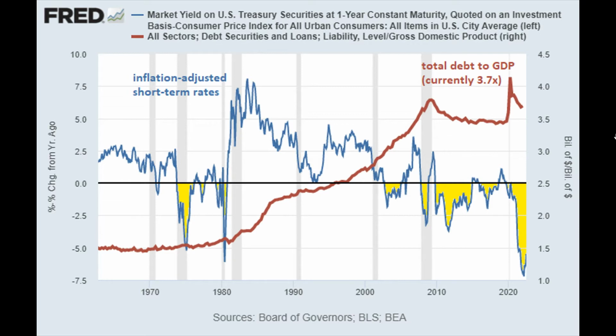It shows you that as total debt to GDP is rising, represented by the red line, the inflation adjusted short term rates, or the real rates, are declining, going more deeply negative. And that's because inflation is increasing so fast, right?